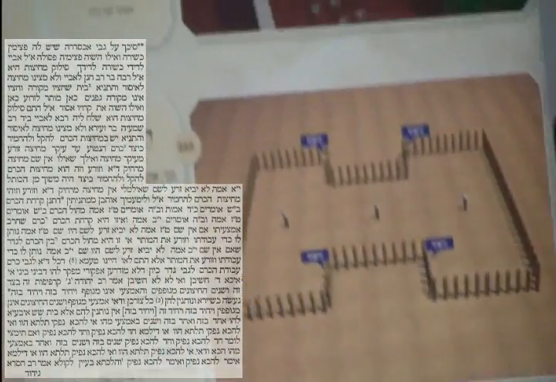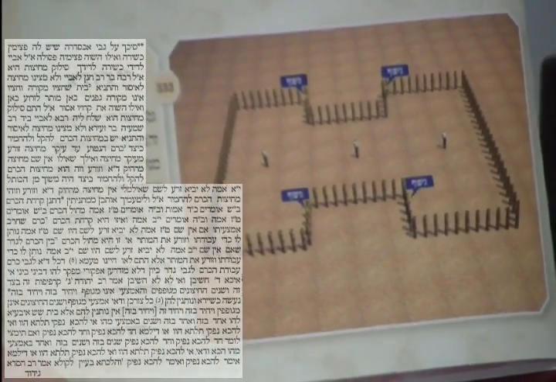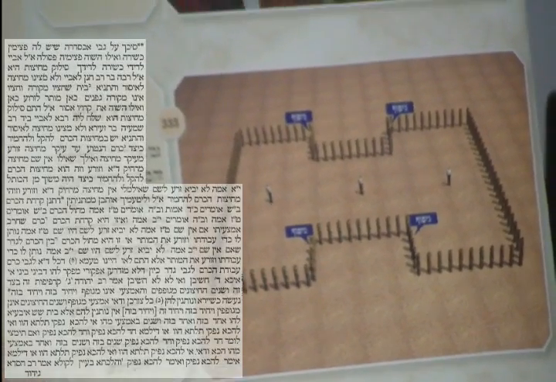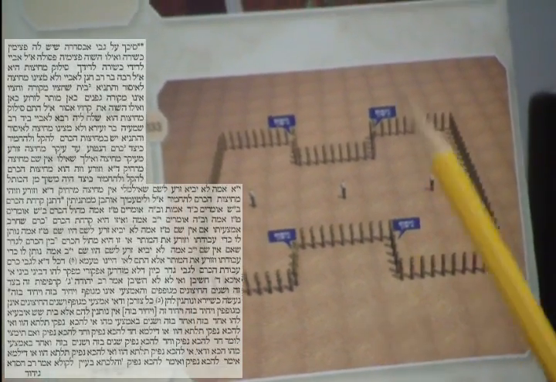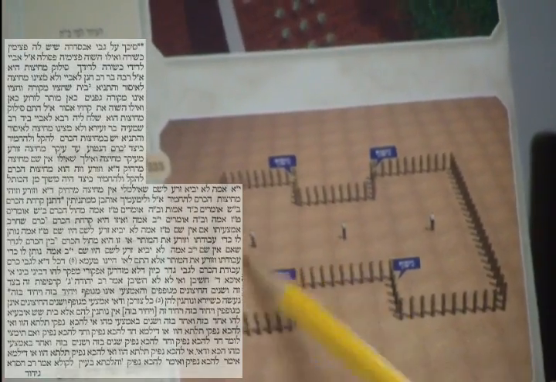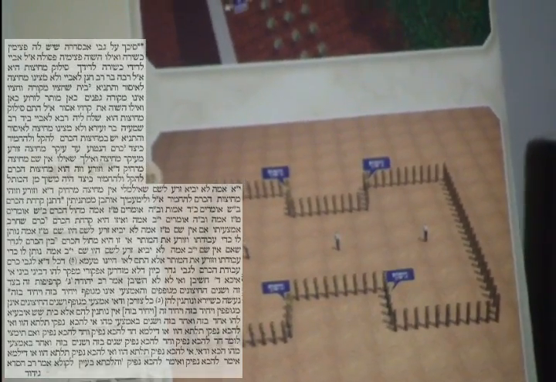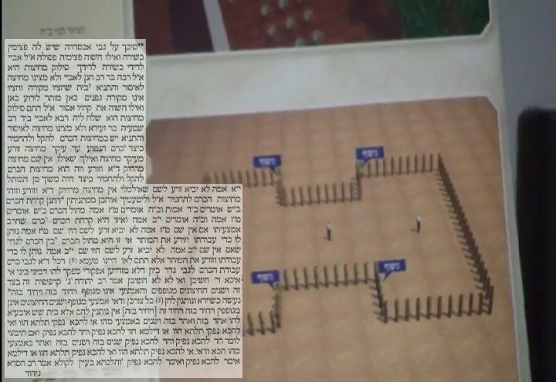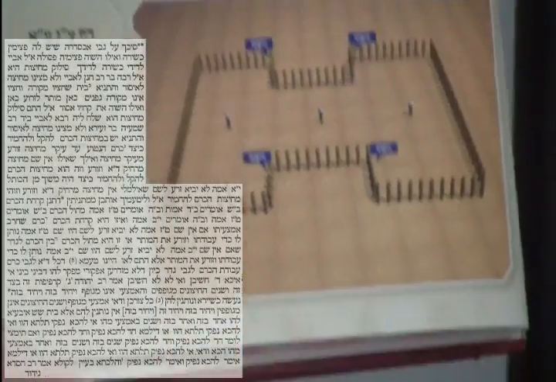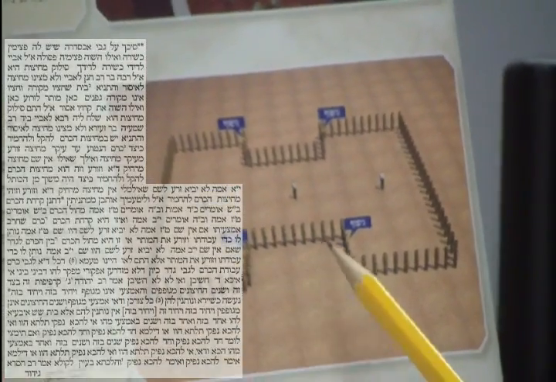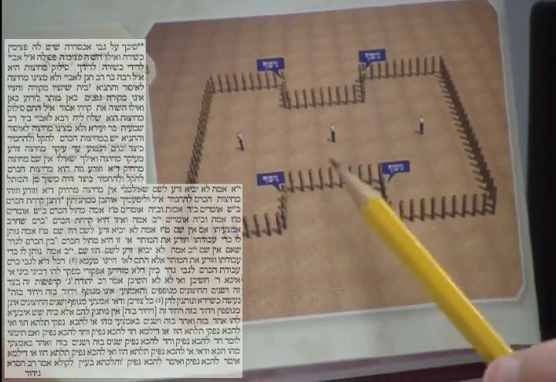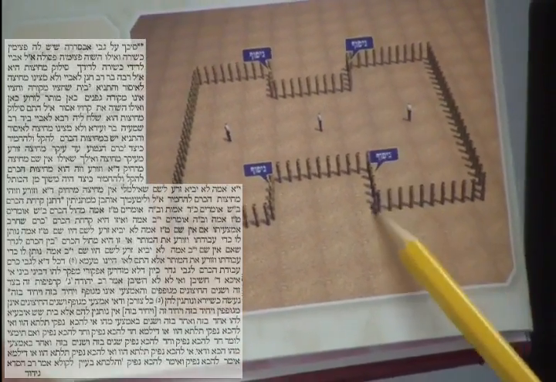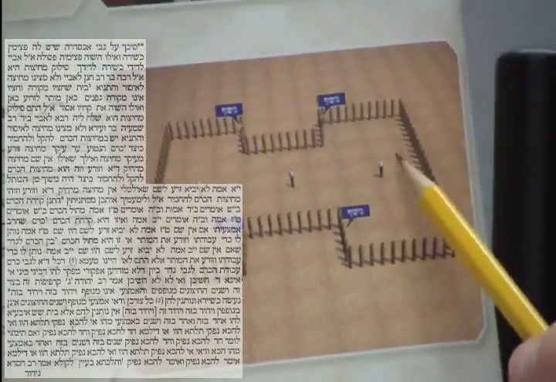So the two outer ones protrude, they are wider, and the middle one does not protrude. So he said ויחיד בזה, ויחיד בזה, that an individual lives here, an individual lives here, an individual lives here. But you see, it's a different size.